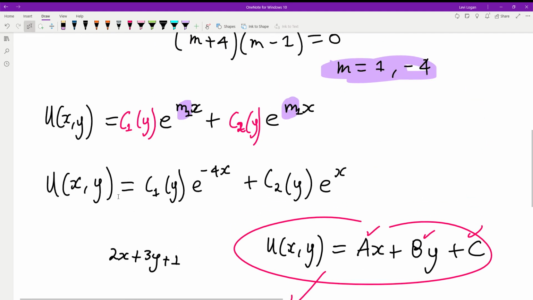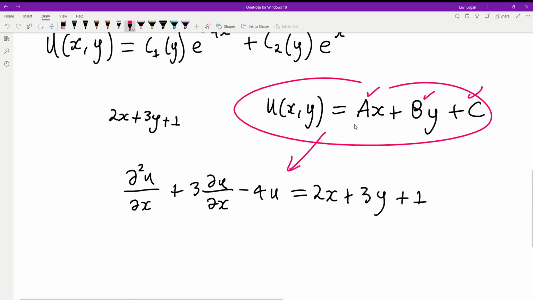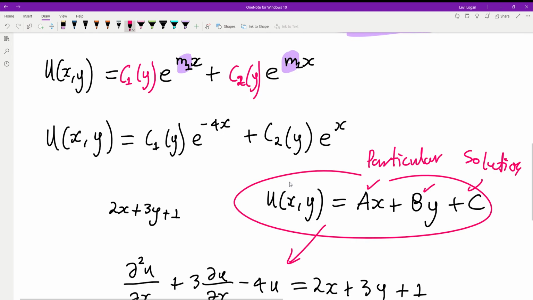Then we'll have the homogeneous solution and a particular solution. So this is the particular solution, and this one up here is the homogeneous solution. We'll just leave it like that.